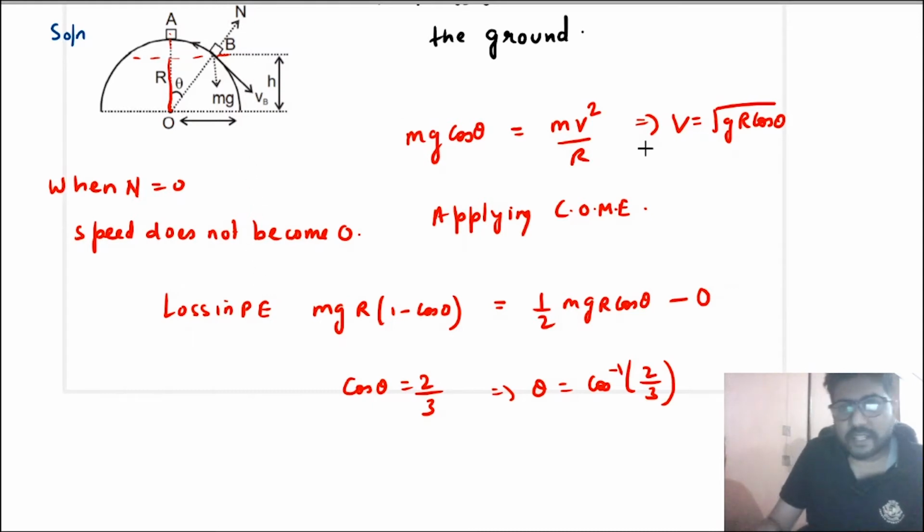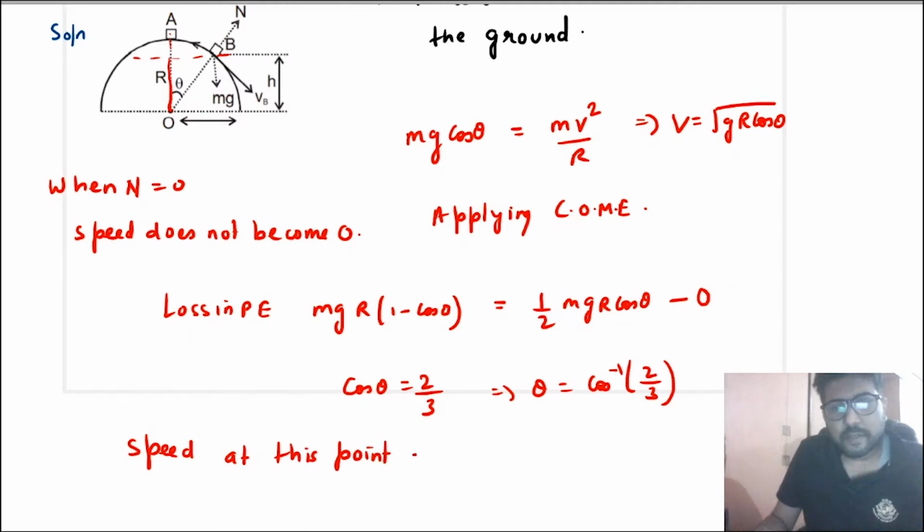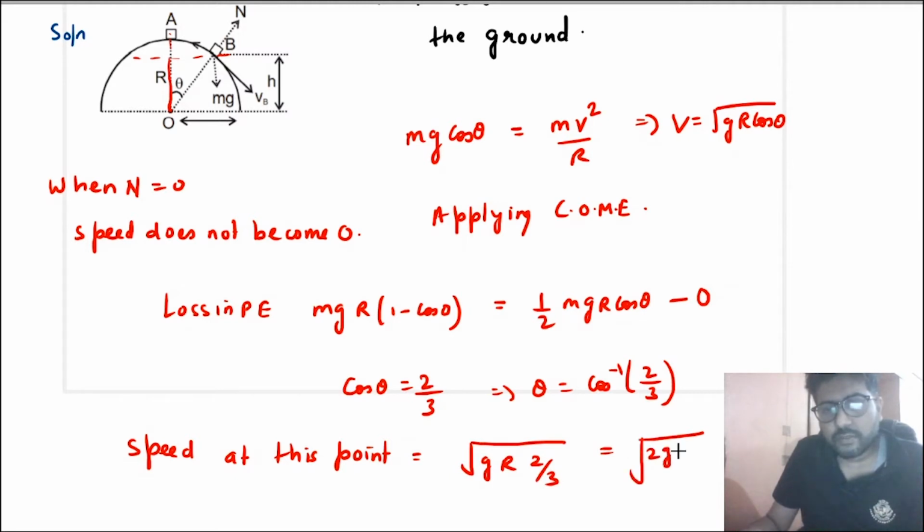But at this point there is speed, right? The speed at this point will be root over gr cos theta, that is 2 by 3. So that will be equal to root 2gr by 3. So this is the speed at this point.